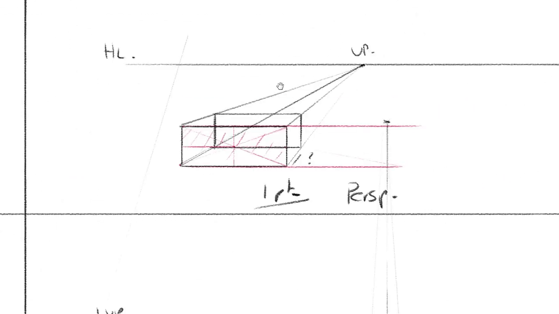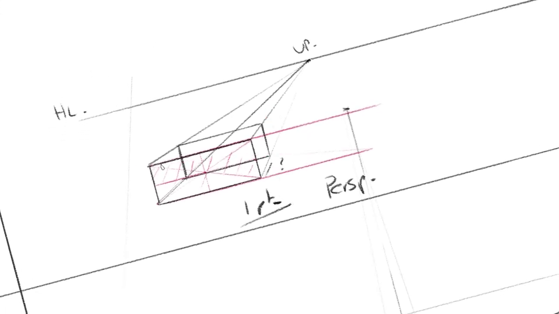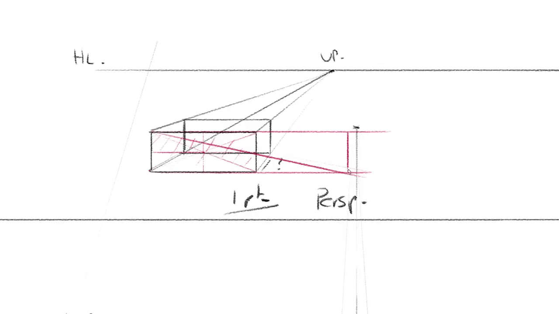Same with the 1-point perspective. Duplicate to the right, so easy. Find the center point, take the edge that you want to take across through the center point, come up. Those points go back to the vanishing point to give us this depth.